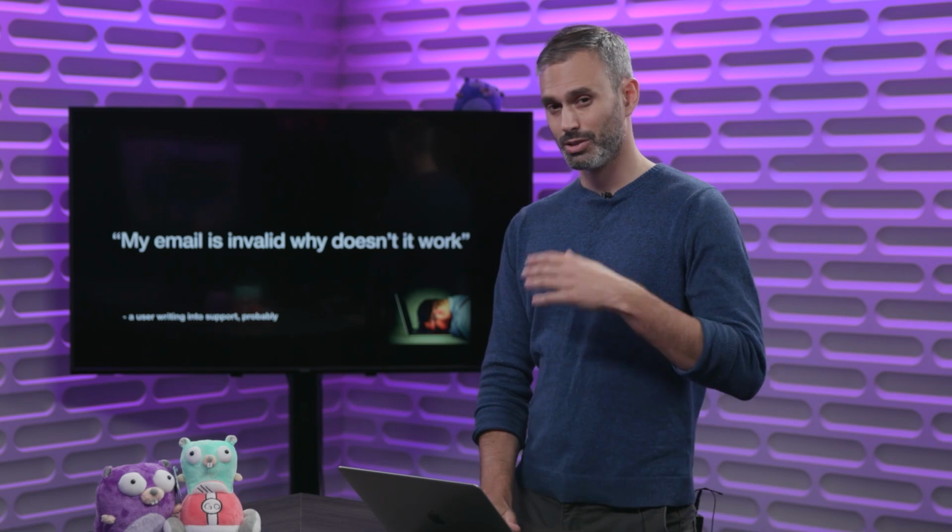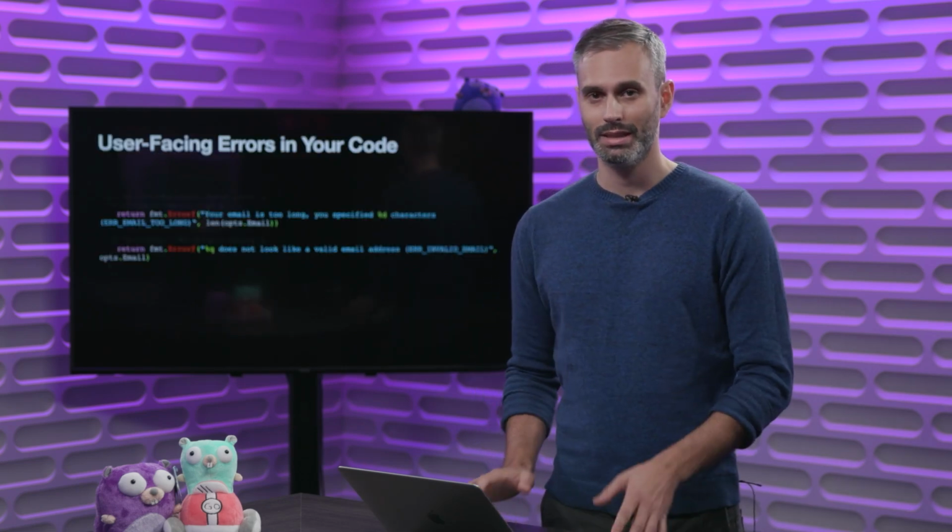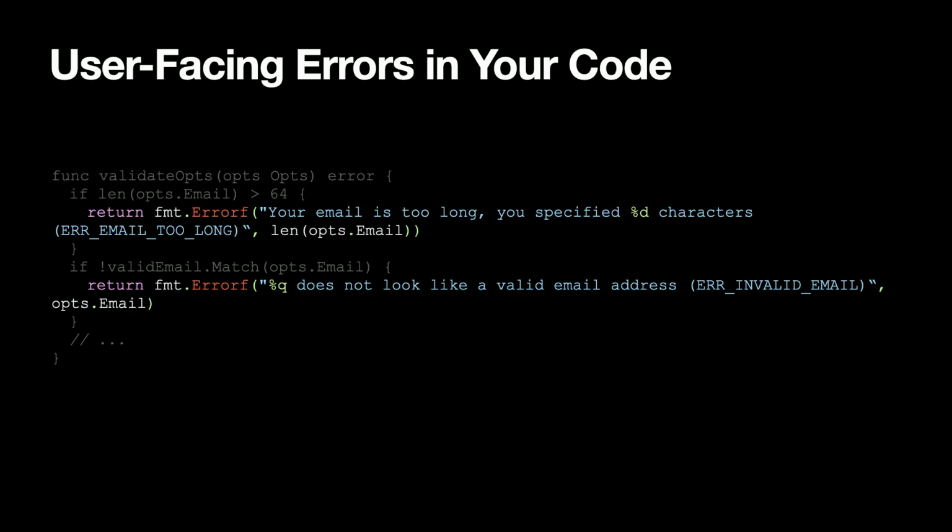So one example of how you might do that is to add some kind of unique string to all of your errors, right? Something that is very easily identifiable. In here, I've added ERR_EMAIL_TOO_LONG or ERR_INVALID_EMAIL. And these are unique strings that users can latch onto and see, this is a very unique error code that indicates the problem that I have.